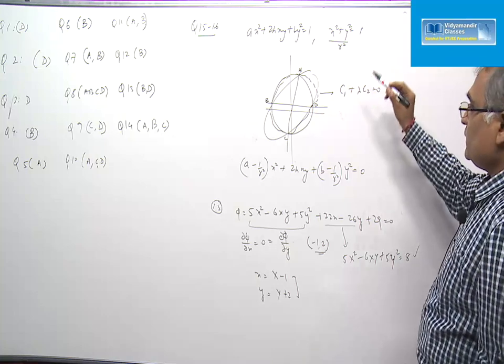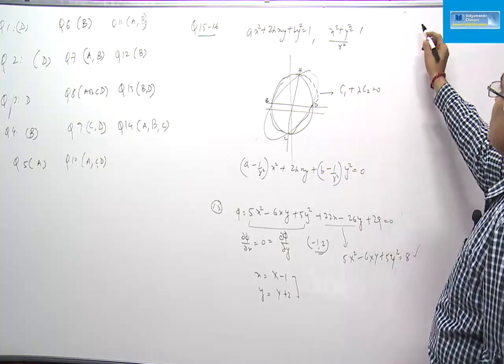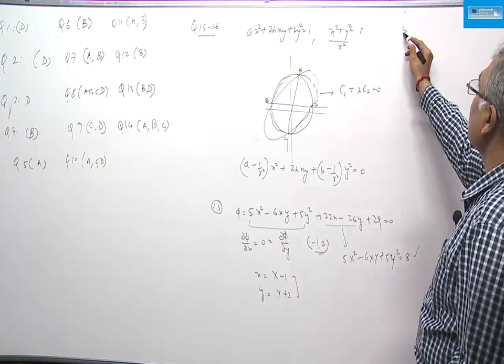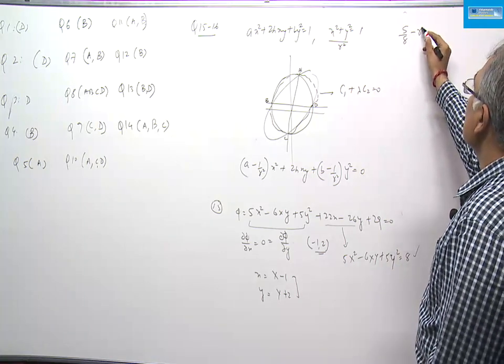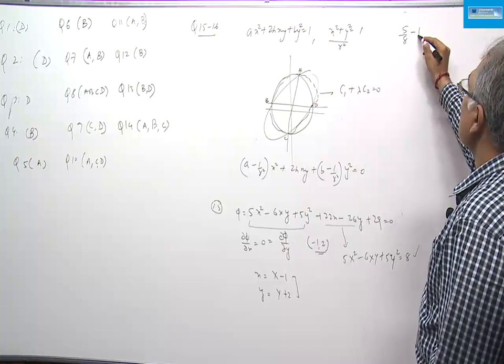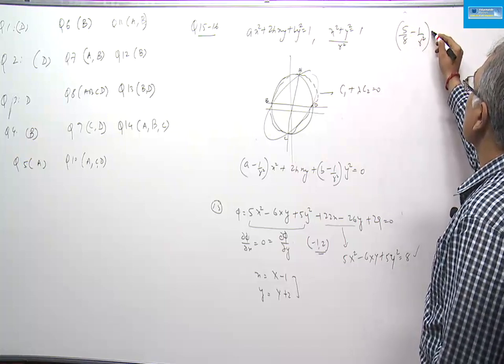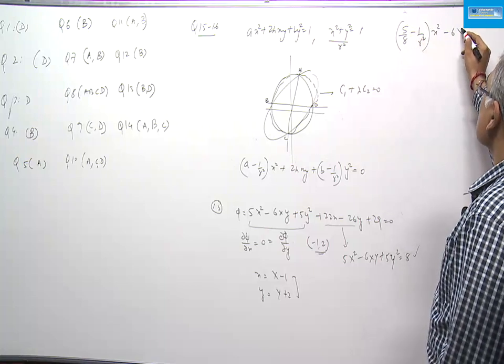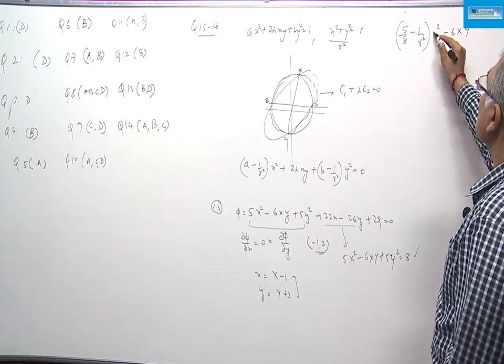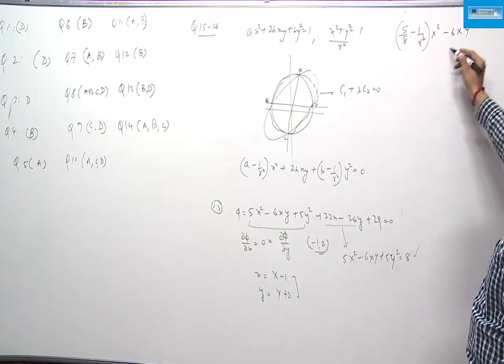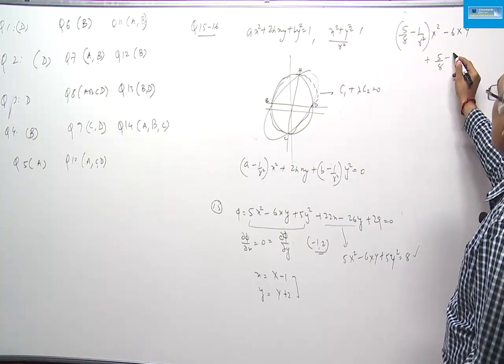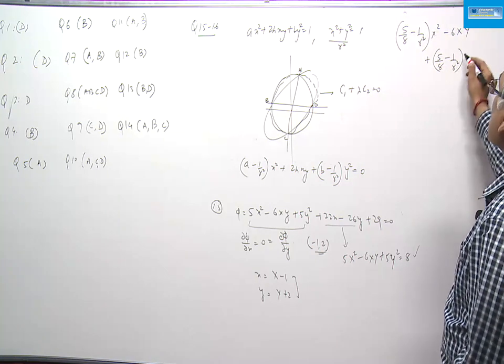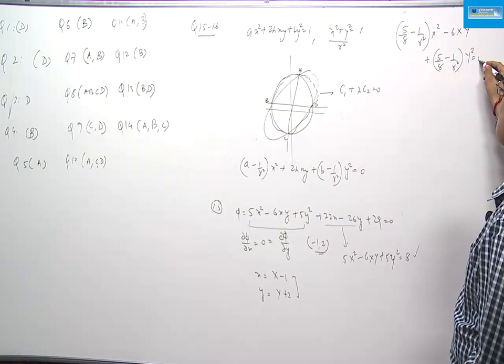Now let's eliminate this 8 using the circle. You are left with 5 by 8 minus 1 by r square x square minus 6xy plus 5 by 8 minus 1 by r square y square is equal to 0.